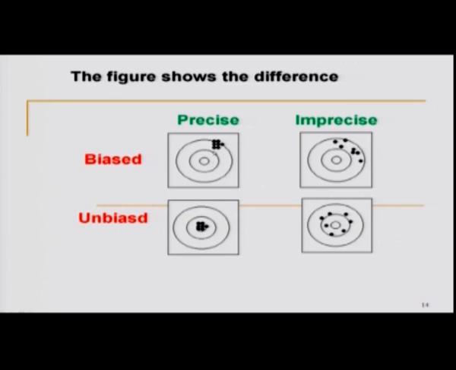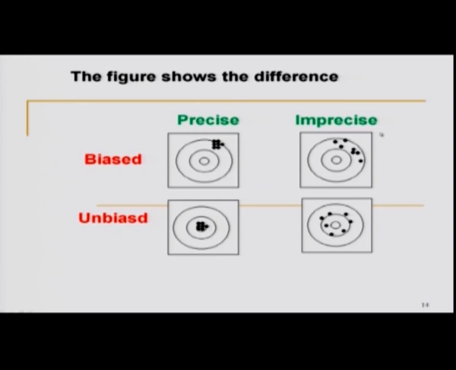Like you see here, these 2 are precise samples, these are imprecise. The property of precision is that results obtained from different samples are similar. In one case they are all concentrated here, in another case they are concentrated here around the truth; these are far from the truth, they are biased, and these are unbiased.